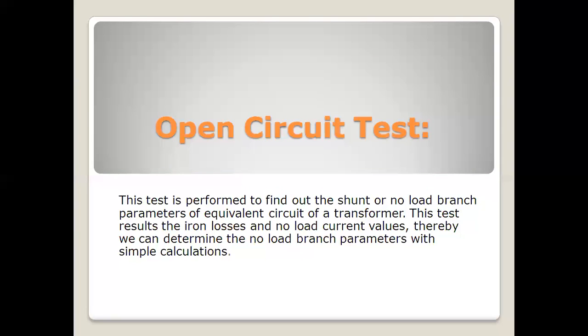The first test is called the open circuit test. We all know that the transformer has two windings. One is called the high voltage winding and another is called the low voltage winding. The open circuit test of a transformer is performed on the low voltage winding, and the high voltage winding is kept open with the help of a voltmeter.